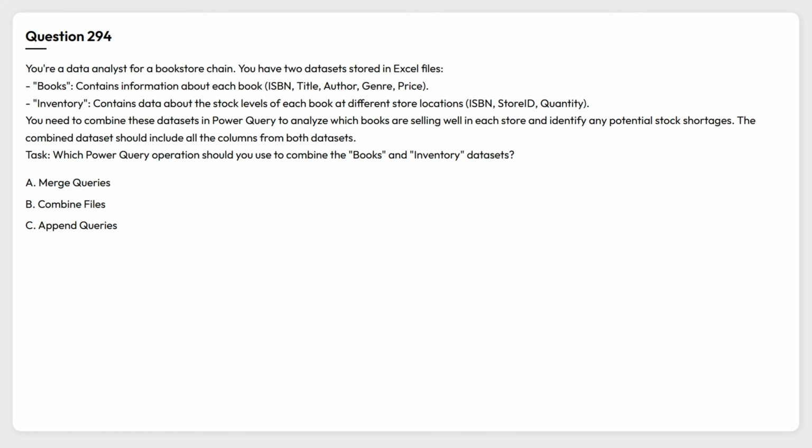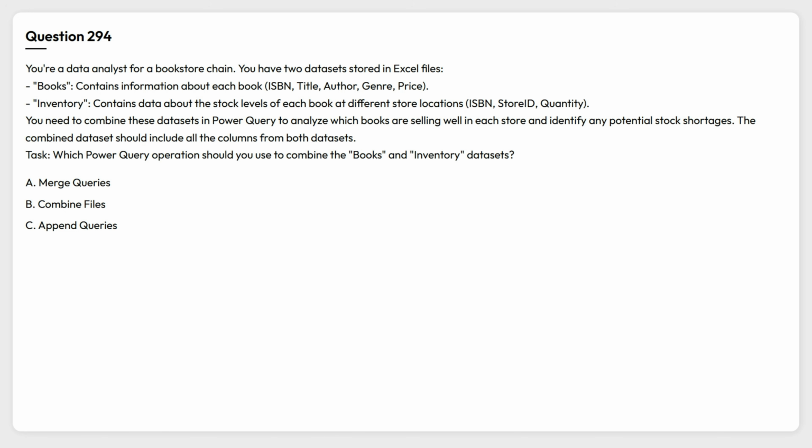Question number 294. You are a data analyst for a bookstore chain. You have two datasets stored in Excel files. Books contains information about each book: ISBN, title, author, genre, price. Inventory contains data about the stock levels of each book at different store locations: ISBN, store ID, quantity.